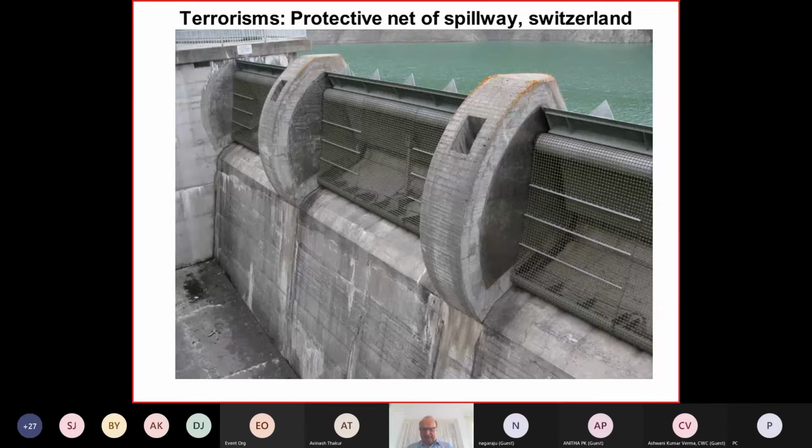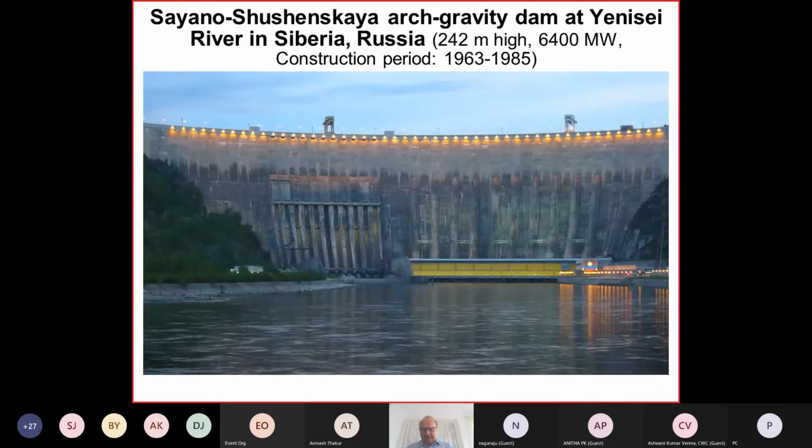This I've shown already for terrorism protection. Now let me say here the case, I don't know if you're familiar with that, Sayano-Shushenskaya. It is on the Yenisei River in Siberia, in Russia. I must say I was also there about 15 years ago.